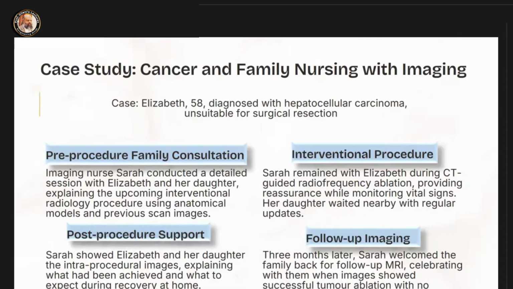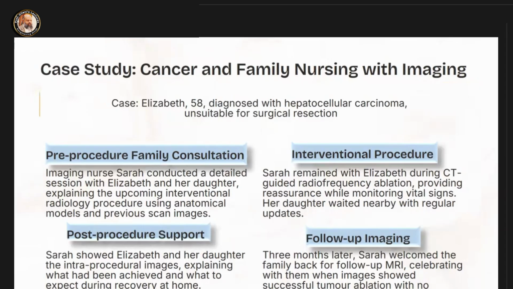Let's discuss a case study in which cancer and family nursing with imaging were involved. The patient was Elizabeth, 58 years old, diagnosed with hepatocellular carcinoma, unsuitable for surgical resection. So surgery was not possible.